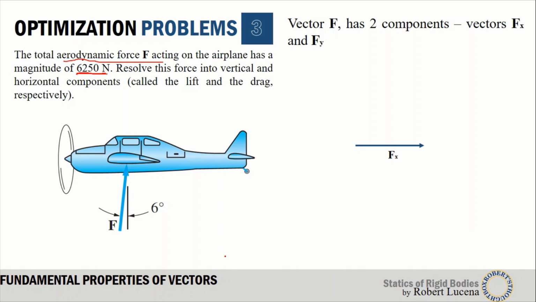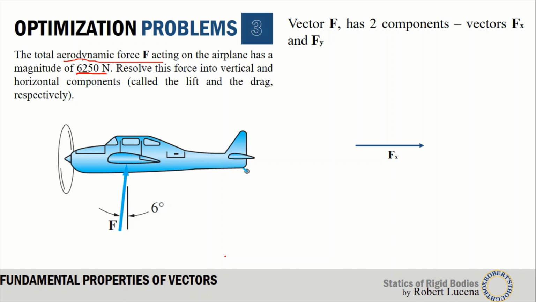So another problem: the total aerodynamic force acting on the airplane has a magnitude of 650 newton. Resolve this force into vertical and horizontal components called the lift and the drag, respectively. So the force vector F is the total aerodynamic force.